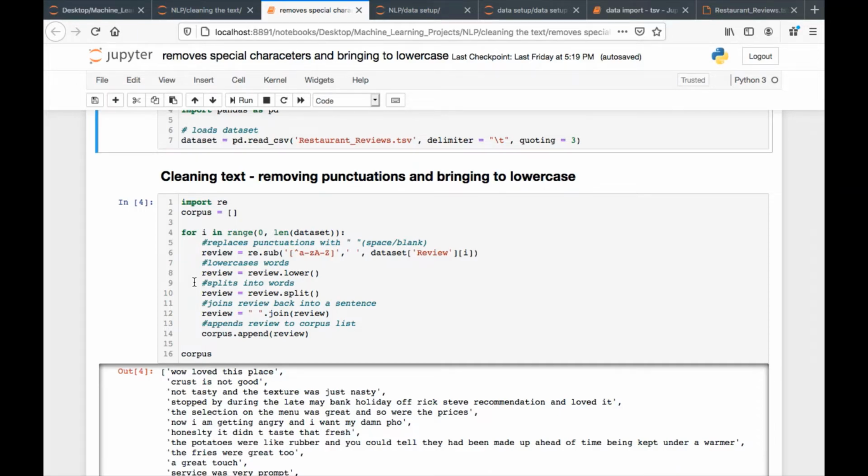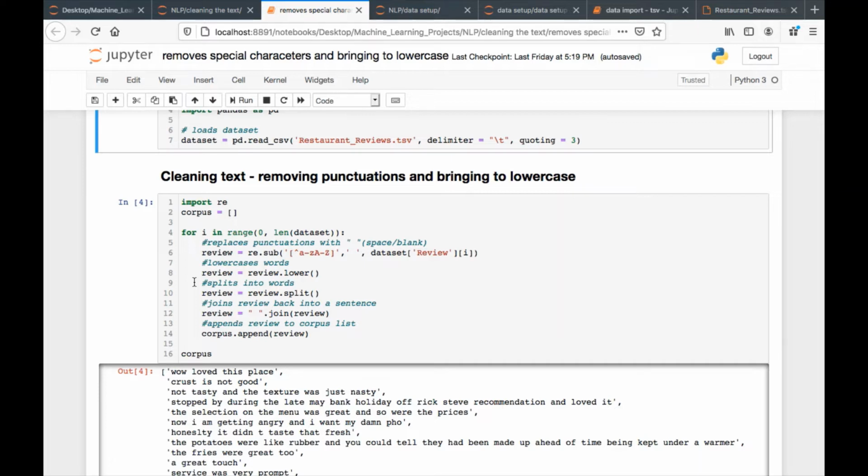Next, after replacing all those special characters with spaces, we will now convert our review to lowercase. The reason for this is that the capitalized version of a word and a lowercase version of a word convey the same meaning, and we do not want to differentiate between the two. If we allow that, the uppercase version and the lowercase version will be treated differently.